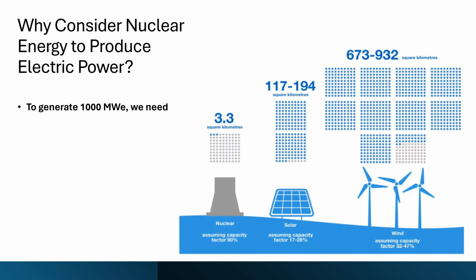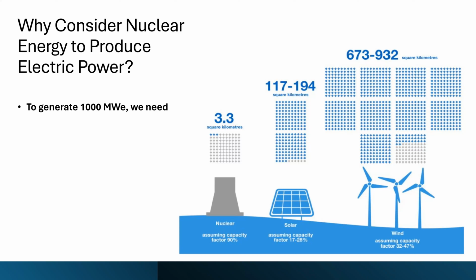A quick example: for 1,000 megawatts electric, for nuclear you need only 3 square kilometers, while for solar you need almost 200 square kilometers. With wind, you need almost 900 or 1,000 square kilometers to produce the same amount of energy.